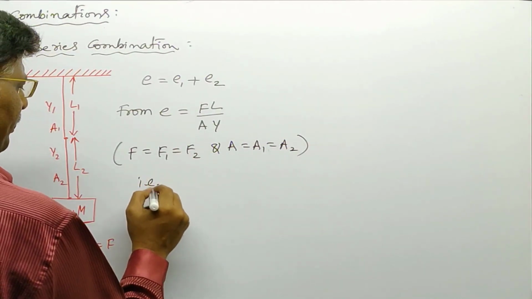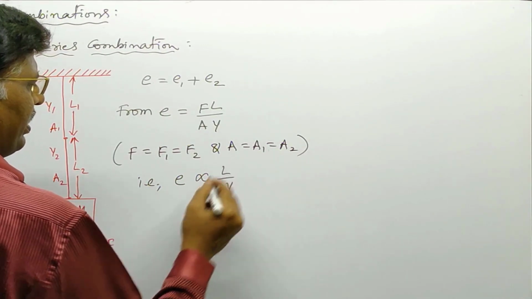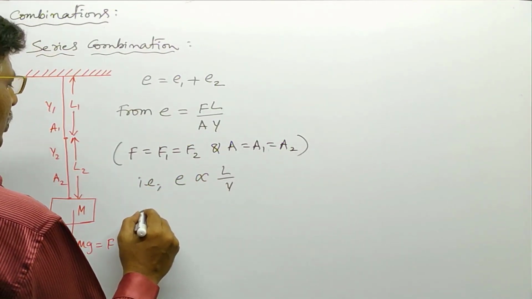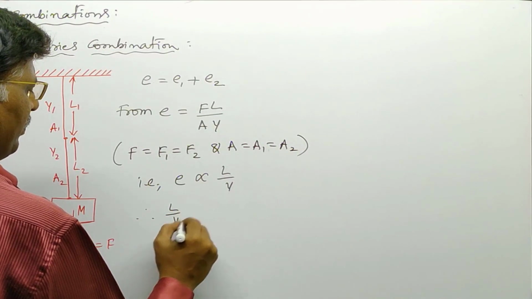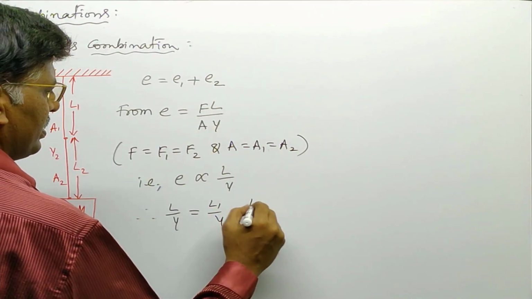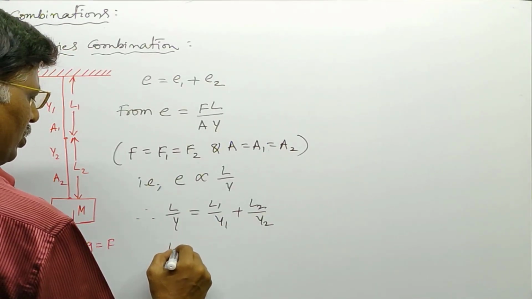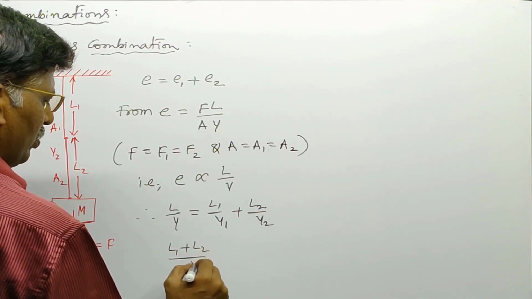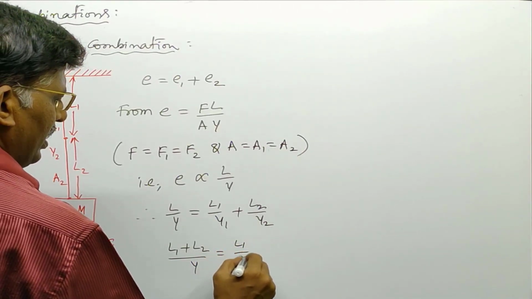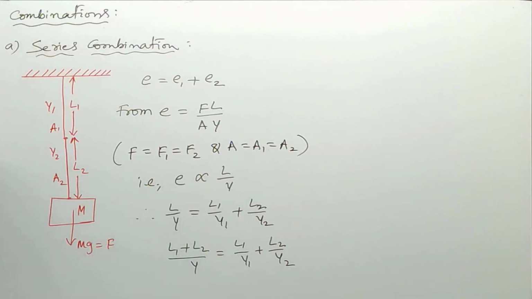That is, E is directly proportional to L divided by Y. Therefore, L by Y is equal to L1 by Y1 plus L2 by Y2. But L is equal to the total length, so (L1 plus L2) by Y is equal to L1 by Y1 plus L2 by Y2.